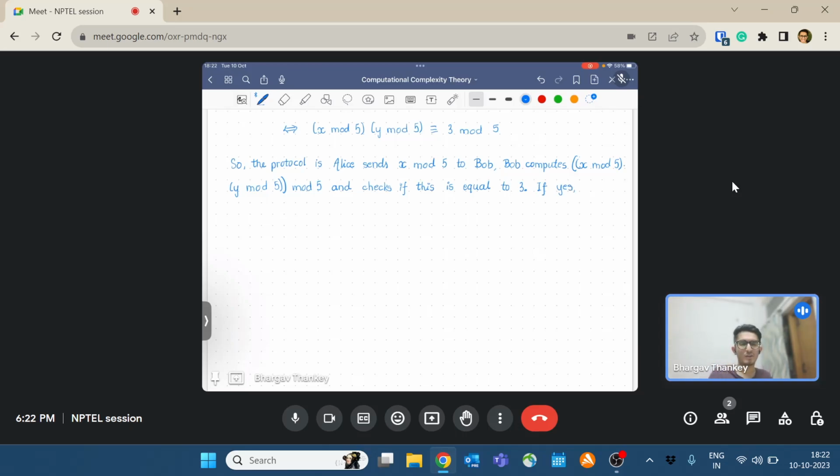okay, so in communication complexity, you can do two things. At the end of the protocol, you can either require that one of the parties transmit the value of the function, or you require that they do not do it. But throughout this session, I'm going to follow the convention that the last message of the protocol has to be the value of the function sent by one of the parties.